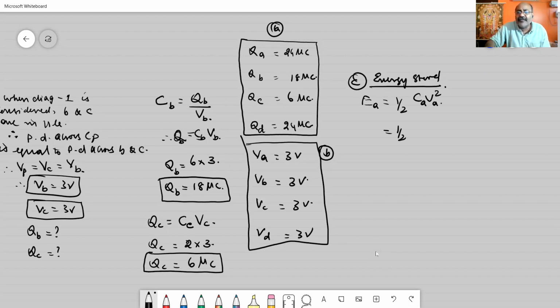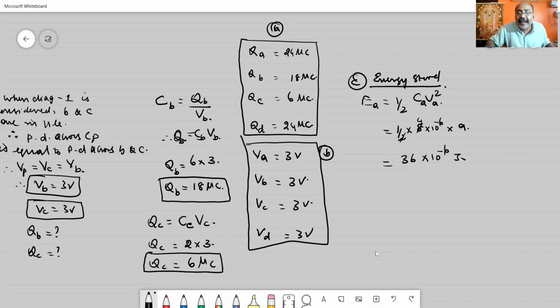What is CA? CA is 8 microfarad, 8 into 10 to the power of minus 6, multiplied with VA square. VA is 3, 3 square is 9. When you are dividing, you will be getting 4. 9 into 4, 36 into 10 to the power of minus 6 joule.